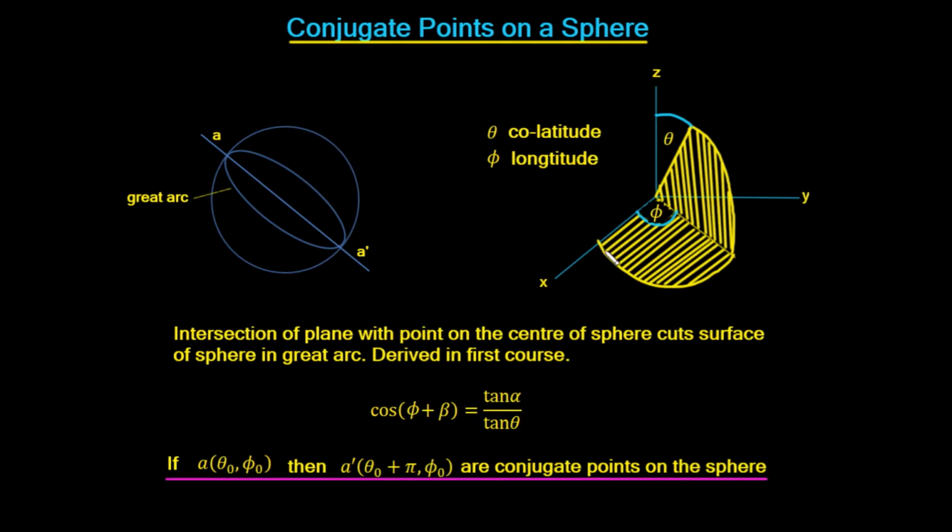So we still come round the phi naught, but instead of going up the angle theta naught, we're going to go up theta naught and add pi onto it. So the pi is going to be 180 degrees. So instead of at this point here, it's going to be diametrically opposite. It's going to be 180 degrees in the other direction. So we're going to get the point which is A dash, which is diametrically opposite the point A. Now we have to prove that this is the case. So let's go ahead and we'll do that on the next page.